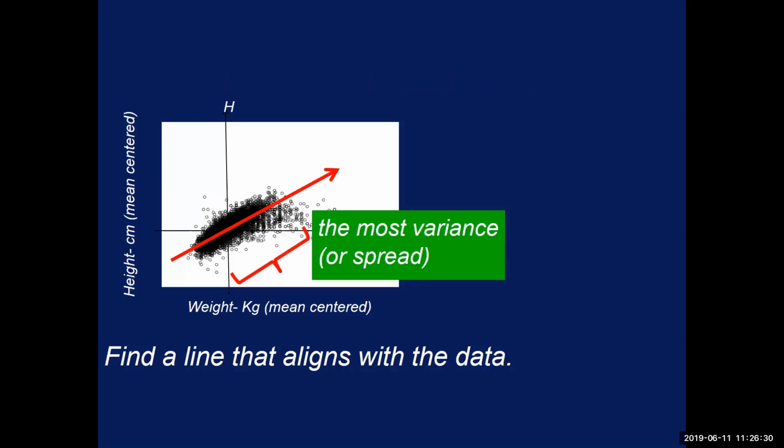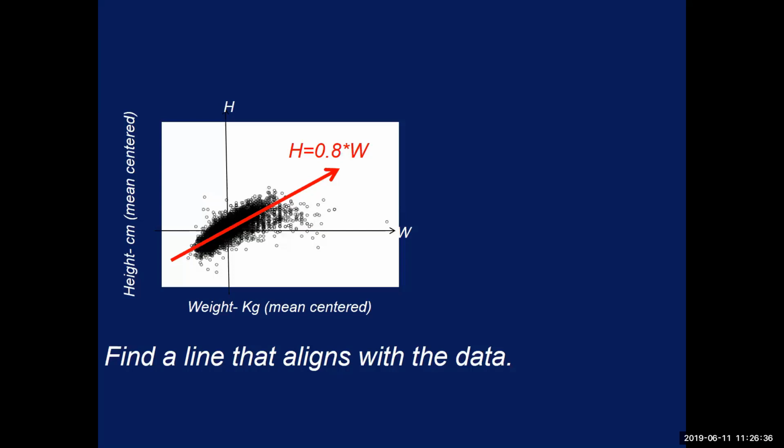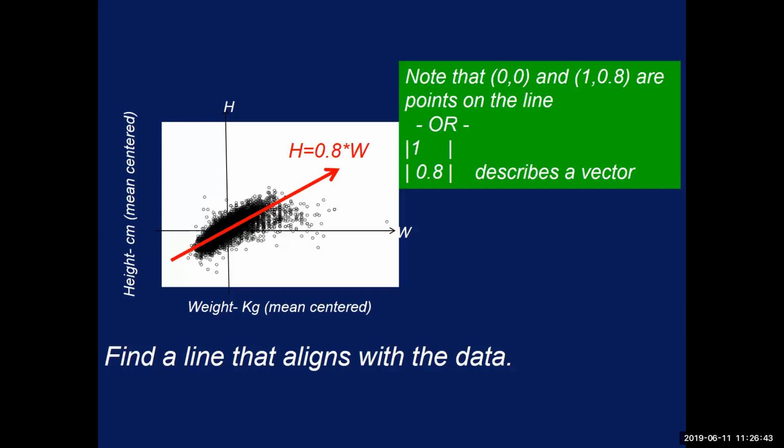Now that line also lines up with where most of the variance is. In fact, we can make an equation for a line where height is 0.8 times W. We can say that the point 2.0 and the other coordinate point of 1.8, 1.0.8 are points of the line.